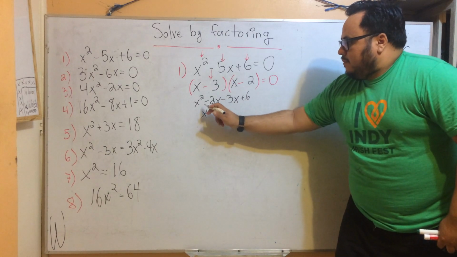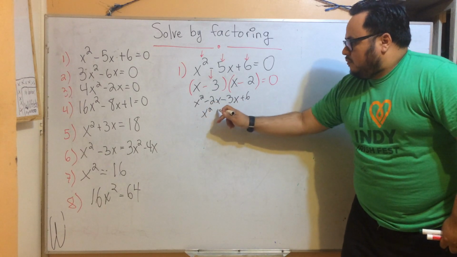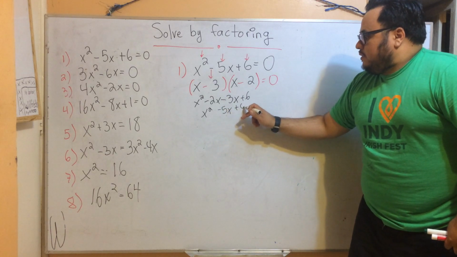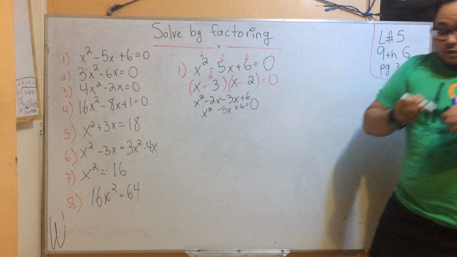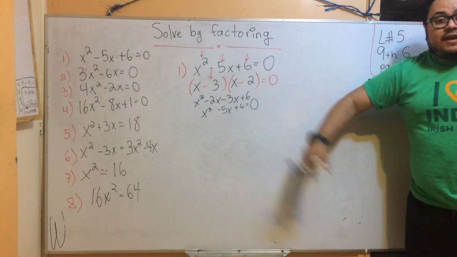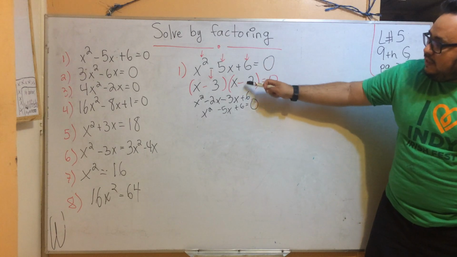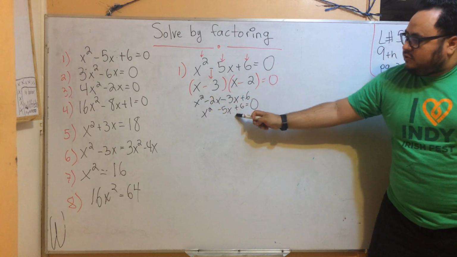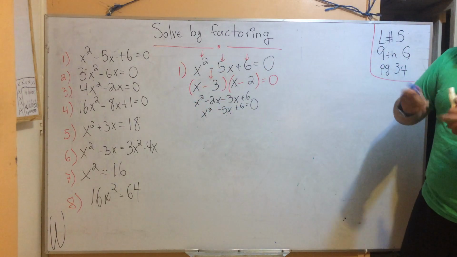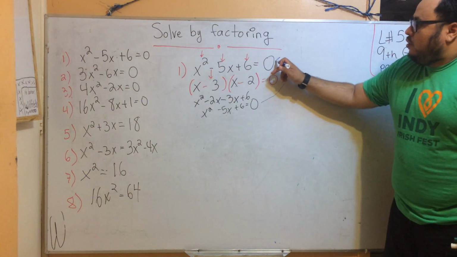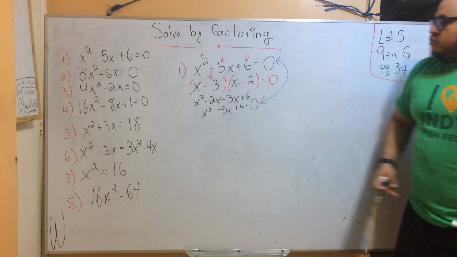So we have minus 2 minus 3, minus 5x, right? And then we just copy the 6. So this is how we know that our factoring is true. We bring it from this to this, and then we solve for this to see if we have the same thing. So this one is the same as this one. That's how we know that it is true.